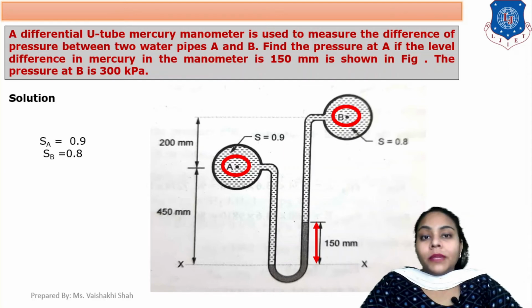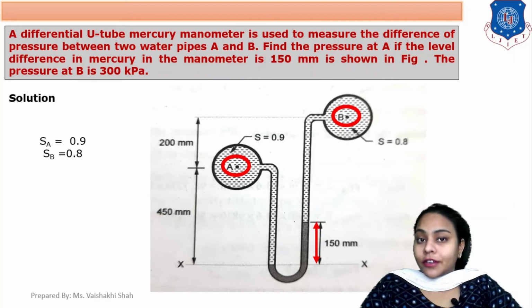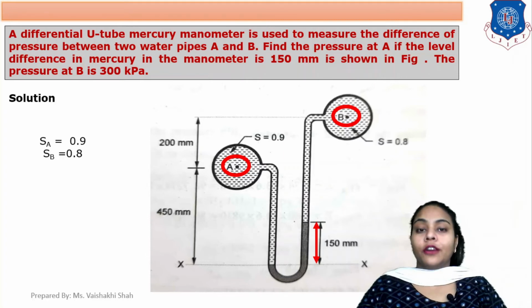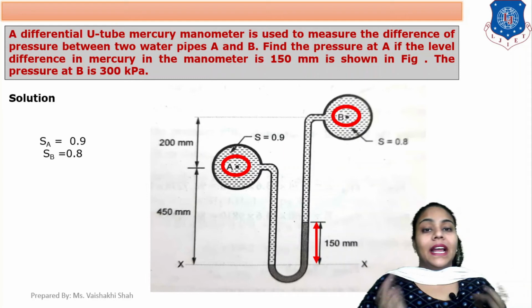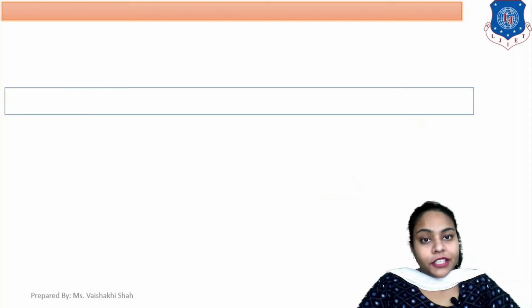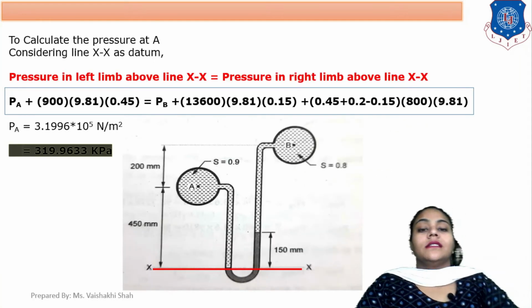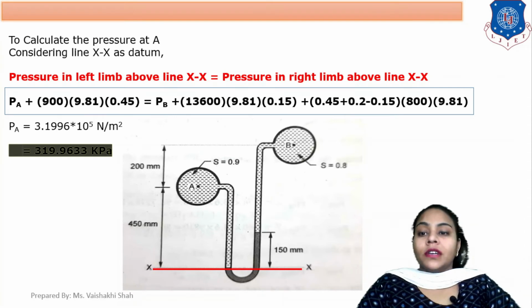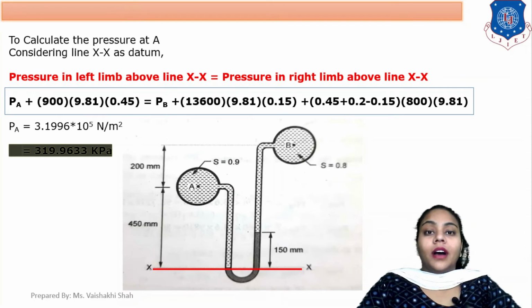There is a common method where first we find the pressure in the left column, second we find the pressure in the right column, and after that equate the condition. So here is your diagram. The pressure in the left column above line XX equals the pressure in the right column above XX.